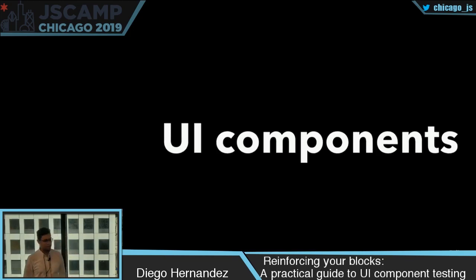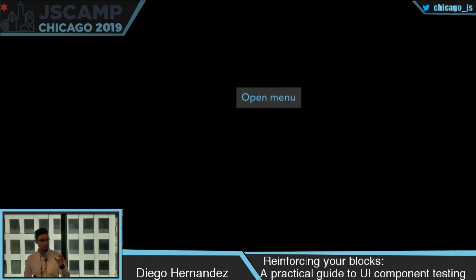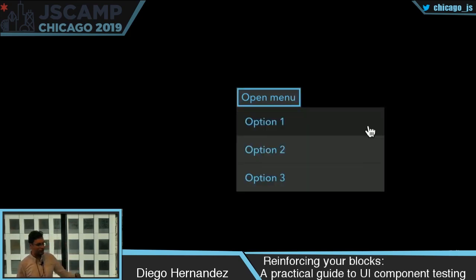So when I talk about a UI component, just to get everyone on the same page, it's usually a small building block that you can piece together to build a larger application. So in this example, we have an open menu button that once you click on it, it opens up a set of options, and then you can click one of those options and it creates an action.